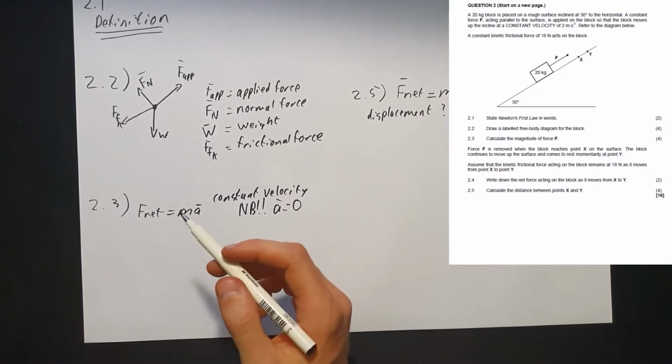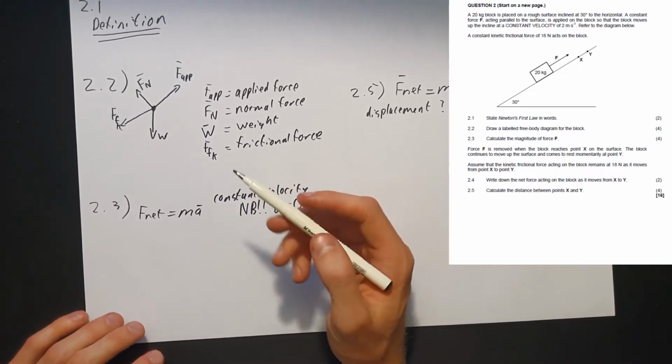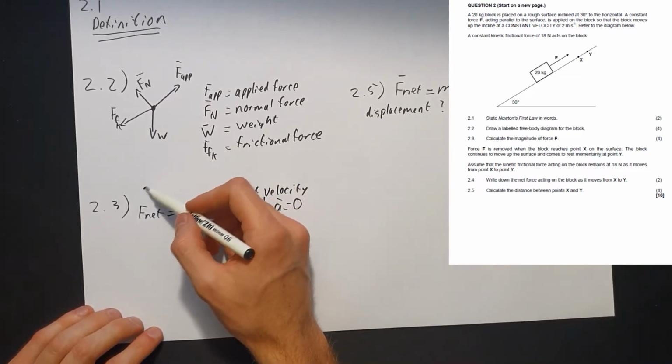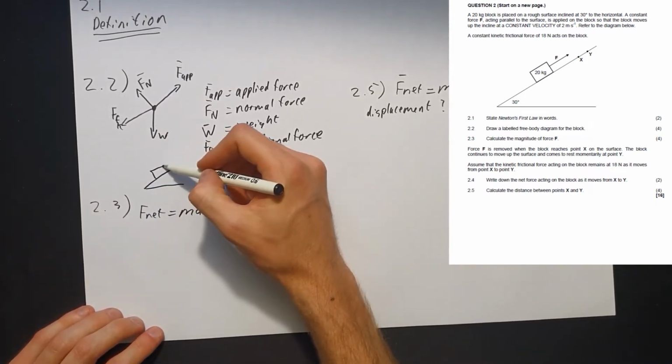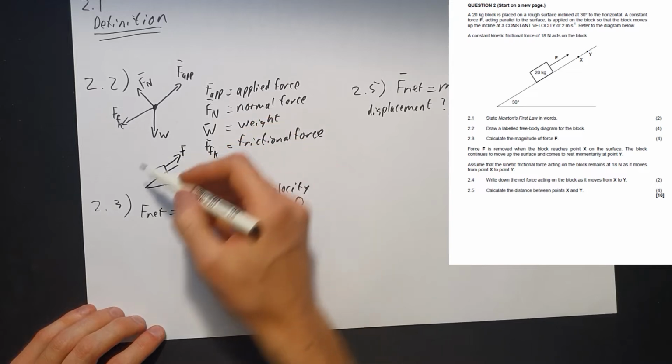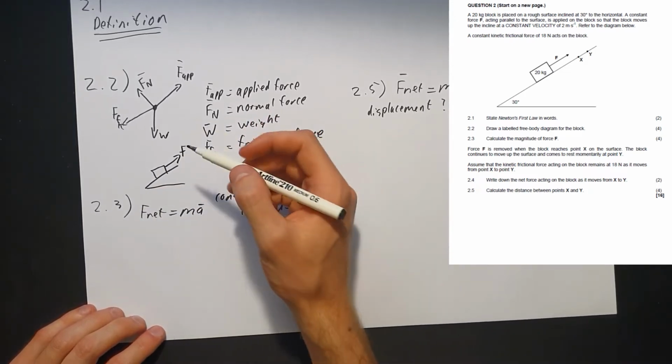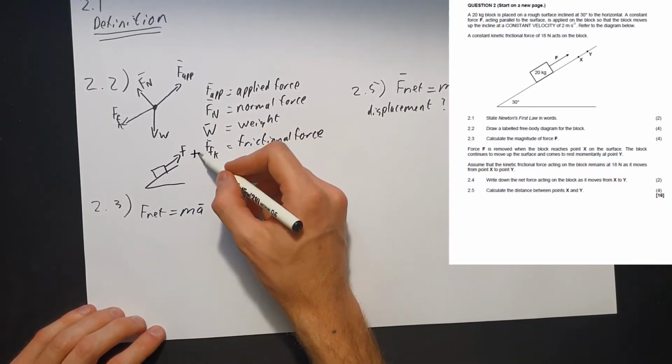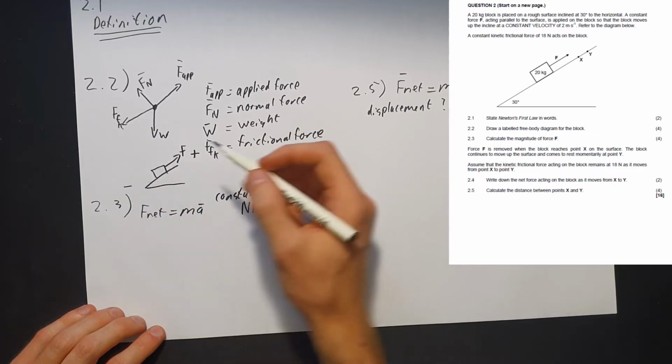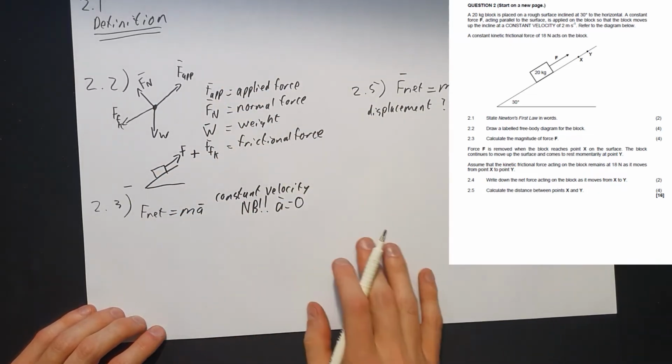So therefore we are going to sum up all our forces. I'm just going to draw the picture over here quickly. We've got the block here, we've got the force over there, and then everything else acting on it. I'm going to take up the slope as positive, down the slope as negative.